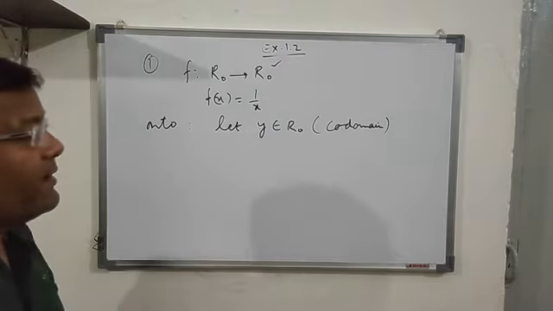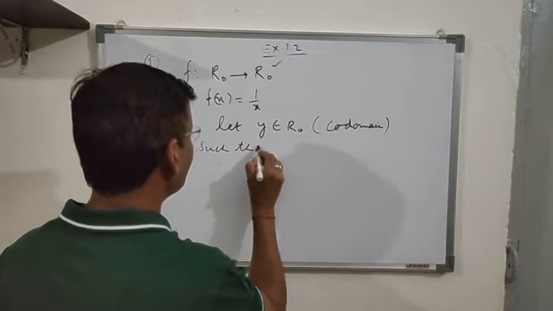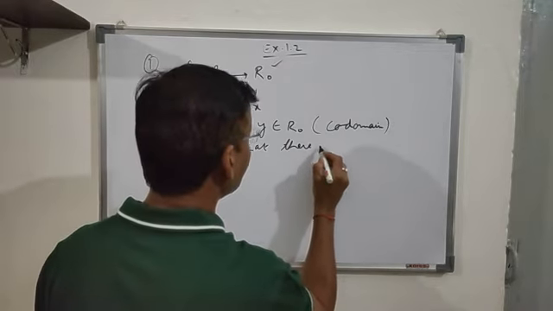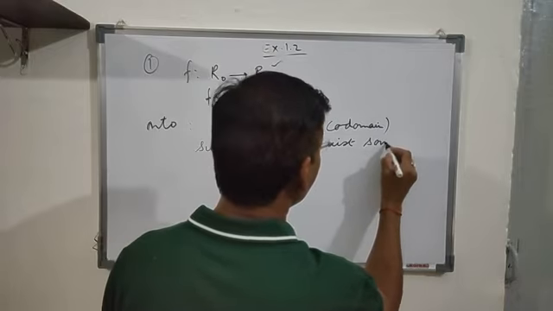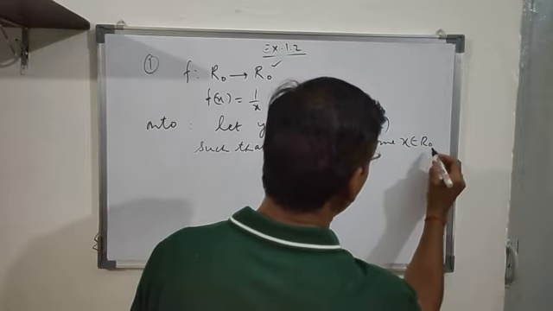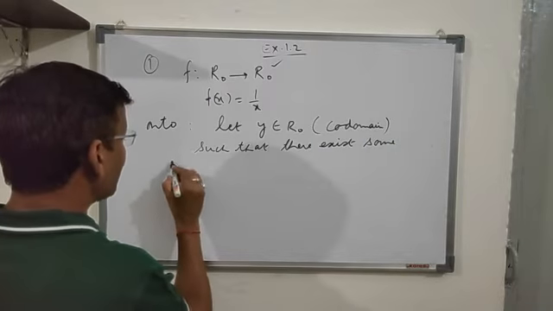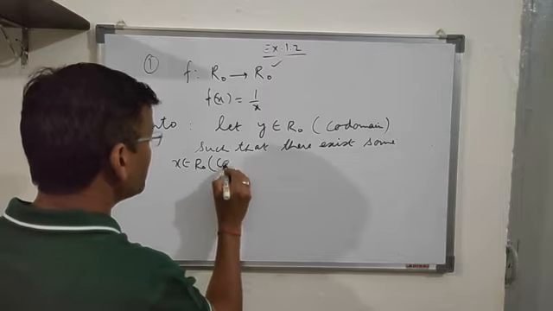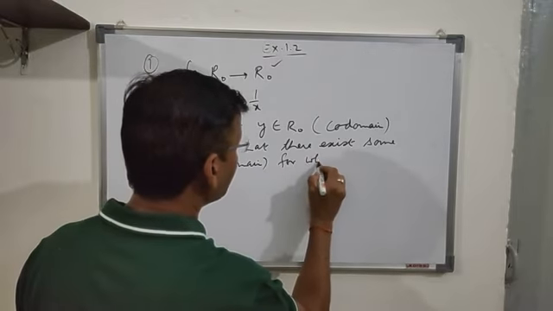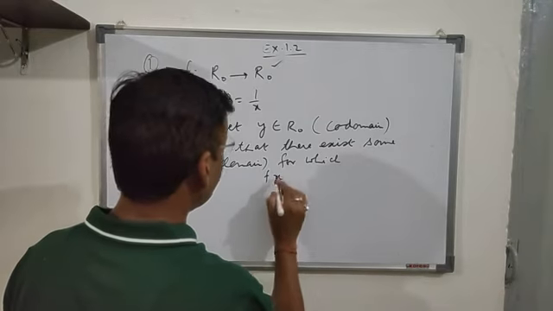Let us assume that y belongs to R0, the codomain, such that there exists some x belongs to R0, the domain, for which f(x) equals y.